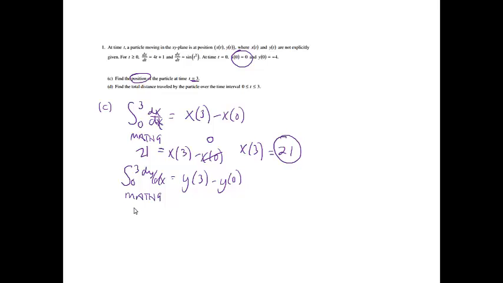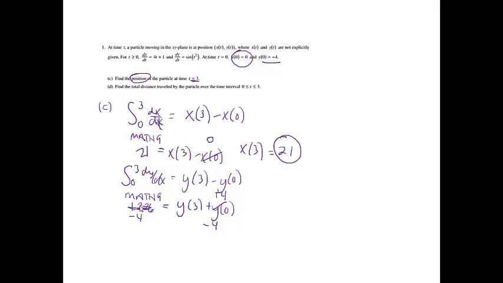If I subtract 4 from 9, I think I get 1.226, I'm pretty sure. And then we have y of 3 minus y of 0, and y of 0 we know is -4, so that's going to turn to plus. To get y of 3 by itself, I'm going to subtract 4.